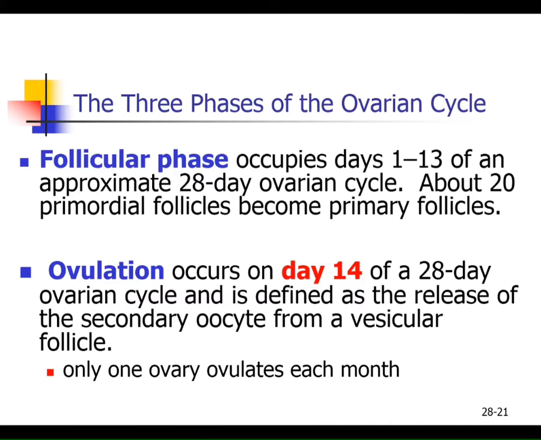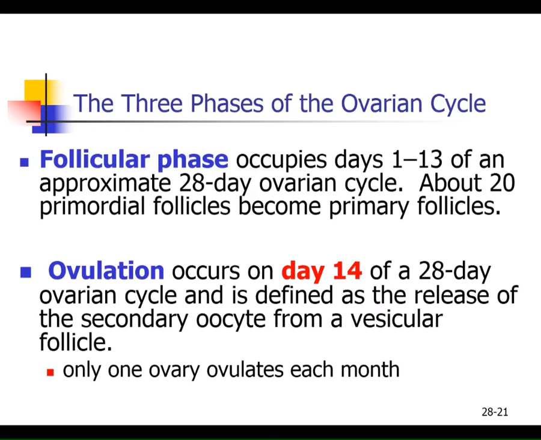So here are the 3 phases of the ovarian cycle. Number 1, follicular phase. It sounds like the follicles are being produced, right? This accounts for the first 13 days. We're going to use 28 days as our average. Everything I'll be talking about here will be the normal, average, 28-day cycle.